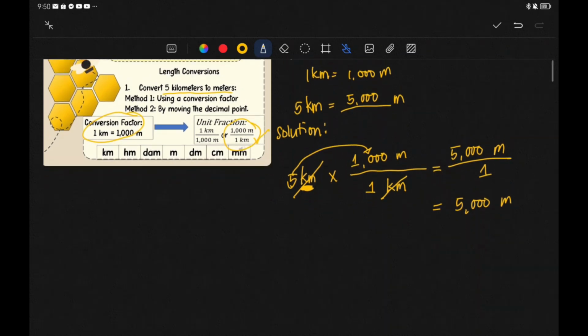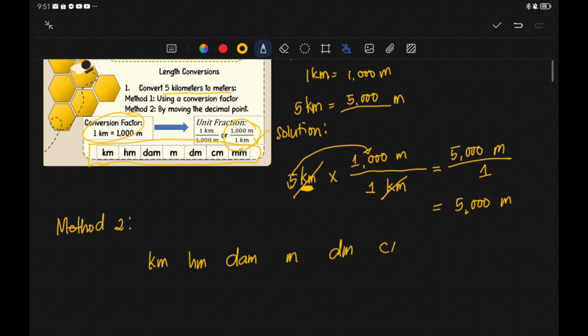Now, for method 2, that is simple. Using this table, we have km, hectometer, decameter, meter, decimeter, centimeter, and mm, millimeter. So, from 5 km, we write 5. As you can see, this is a whole number. So, understood that the decimal point is here since our method 2 is moving the decimal point.